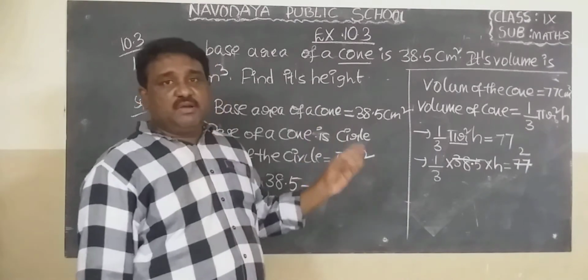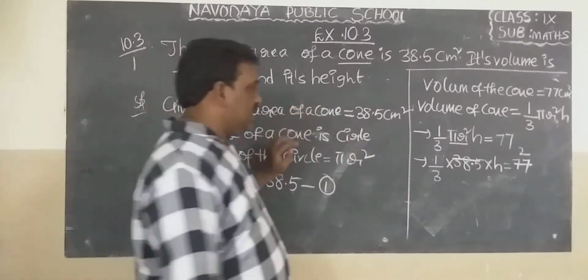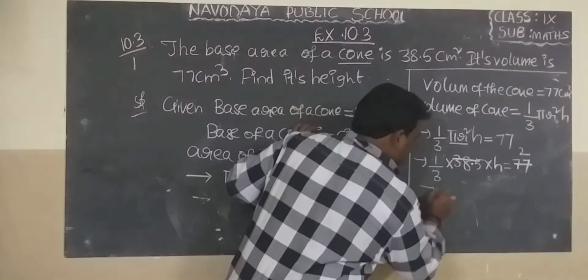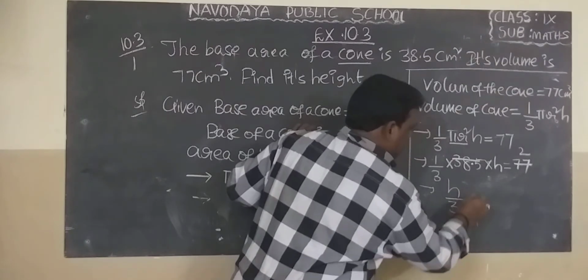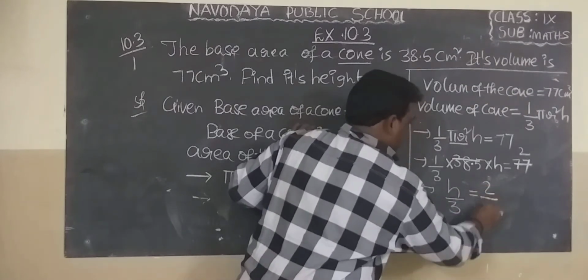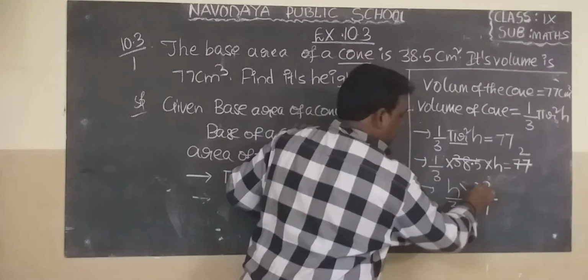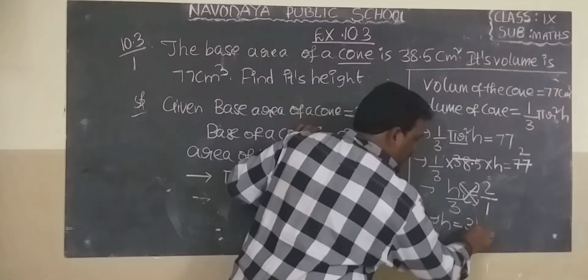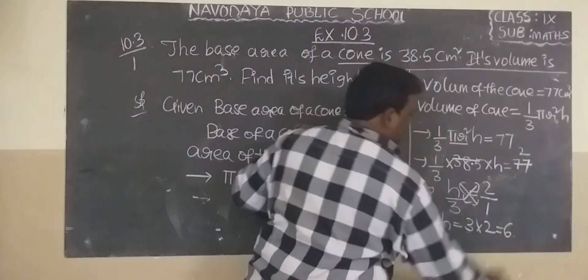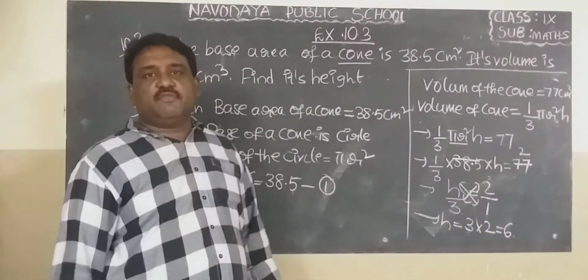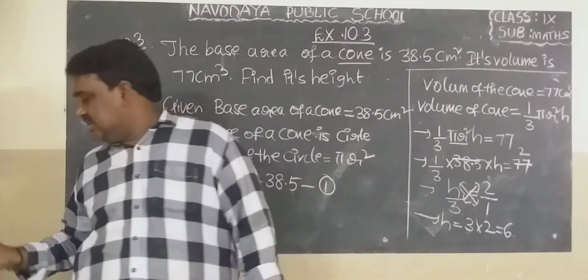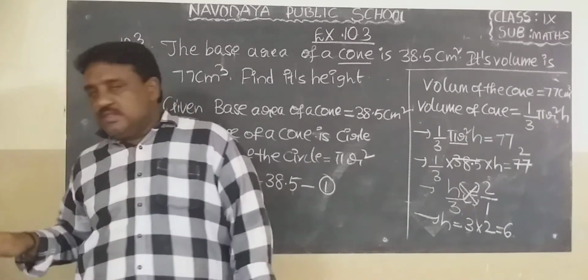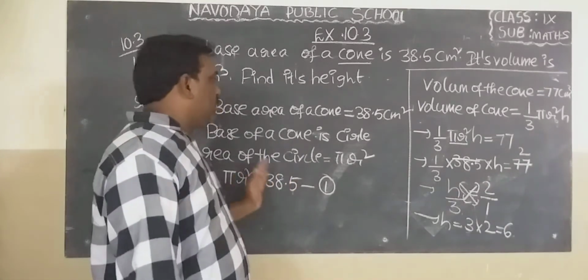What is left? h/3 equal to 2/1. Cross multiplication. H equal to 3 into 2. 3 2s are 6. Therefore, height of the cone equal to 6 centimeters.